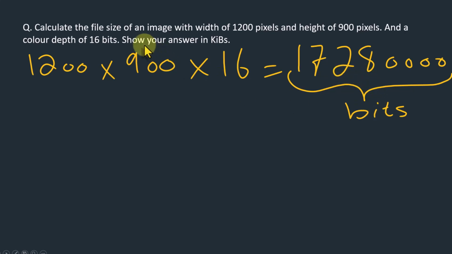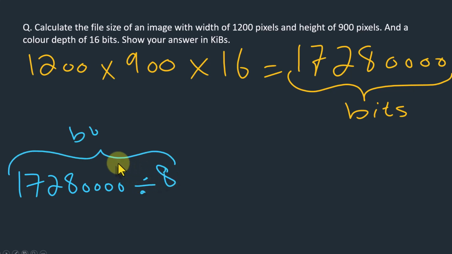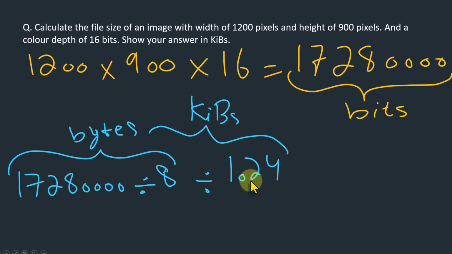Now the question has asked us to give our answer in KB, so changing these bits to KB, we will first divide by 8 to get the bytes. Then we will divide the bytes by 1024 to get KB. Doing this calculation, we will get 2,109.375 KB. So that is our final answer in KB.